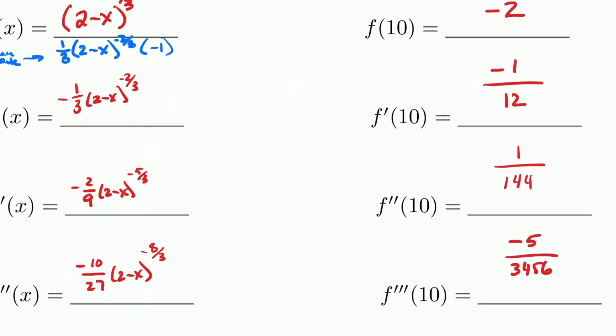Negative 8 to the 1/3 power is negative 2. So now I'm going to do negative 2 to the negative 8th power, which is the same as 2 to the negative 8th. And that's going to be 1 over 256. 2 to the 8th is 256, and that goes in the denominator.